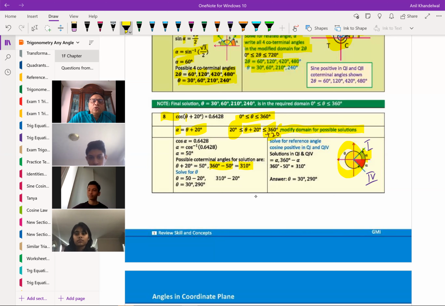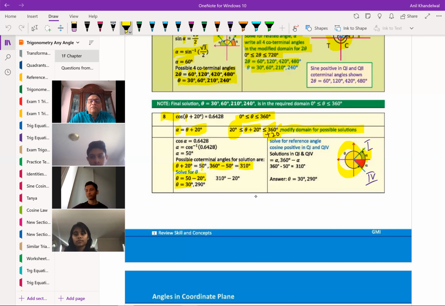So therefore, those are the two possible values for theta plus 20 degrees. So that means we can write that theta plus 20 degrees is equal to 50, or we can rearrange this and write theta is 50 minus 20, which gives us theta as 30 degrees, correct?